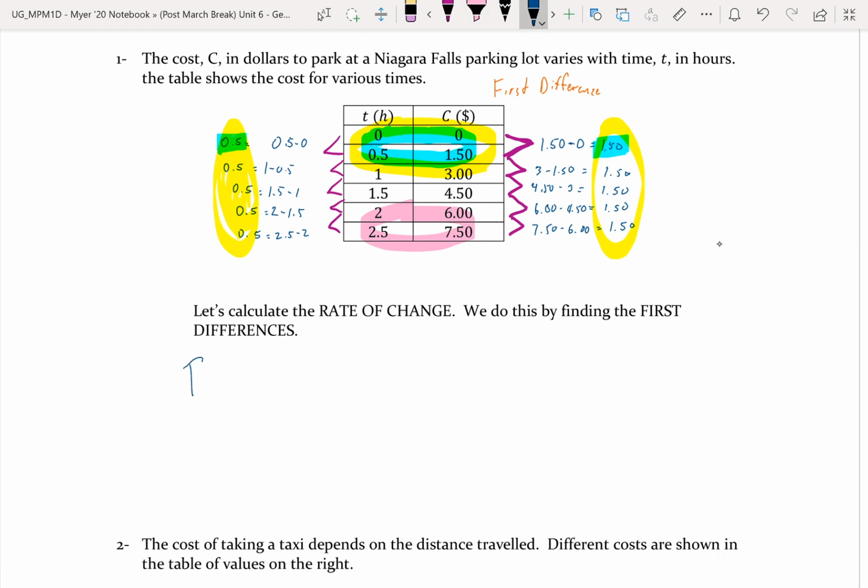So for the rate of change, I can take my change in y, so my change in my dependent variable, divided by the change in independent variable.